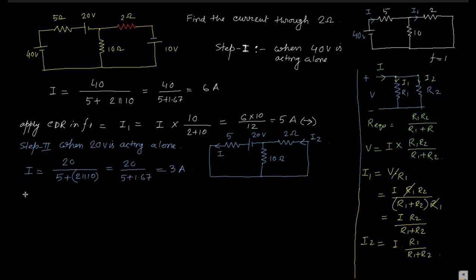Now find out I2. What is I2? Again you have I, and 2 and 10 are in parallel, so you can easily use the current division rule. Here the 2 ohm and 10 ohm are in parallel, and I is 3 ampere. So I into 10 divided by 10 plus 2, that is 3 into 10 divided by 12, which is 2.5 ampere, but the direction of current is in this direction.